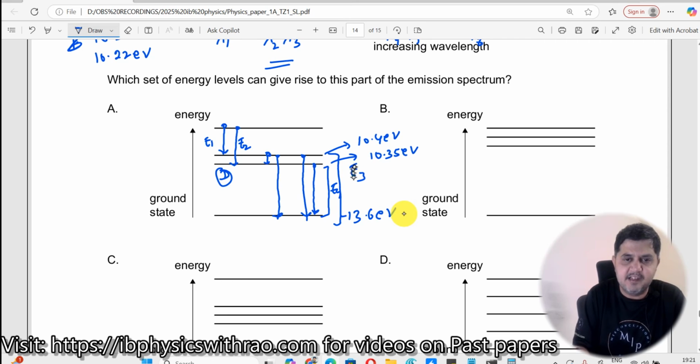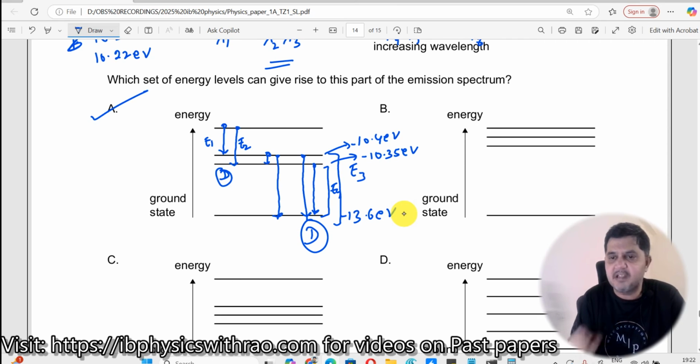Minus everywhere over here. What can happen? The difference here is larger, but the delta for each one of these levels is smaller. So probably you might get one more doublet over here. You get a doublet here, you get a doublet here. So let me say this is the right answer. But we need to verify for the rest of them also.